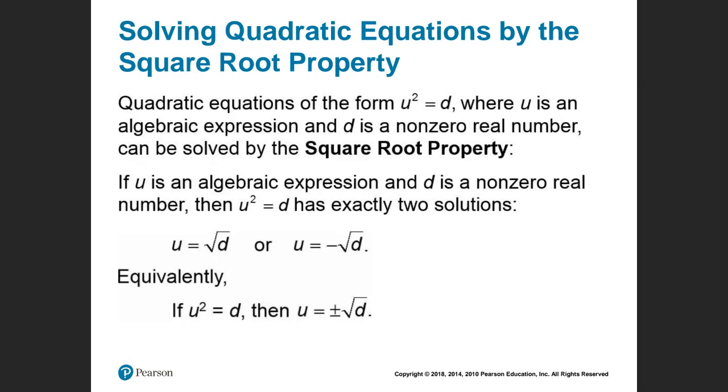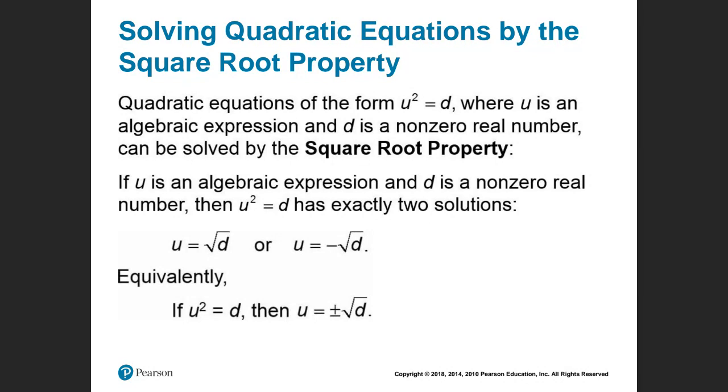So now, solving quadratic equations by the square root property. A quadratic equation of the form u squared equals d, where u is an algebraic expression and d is a nonzero real number, can be solved by the square root property.